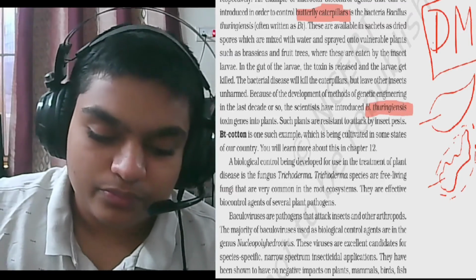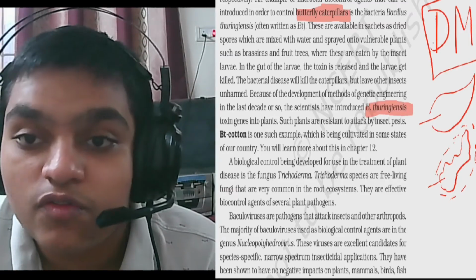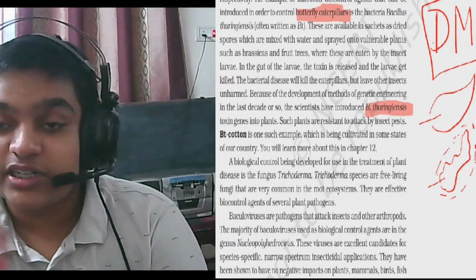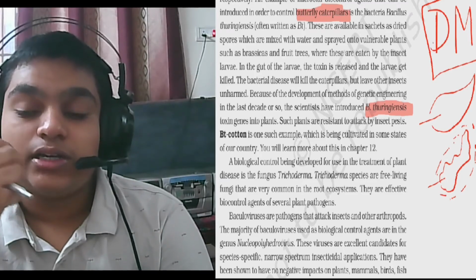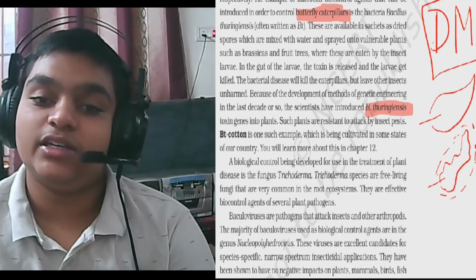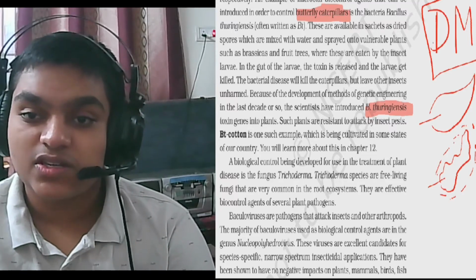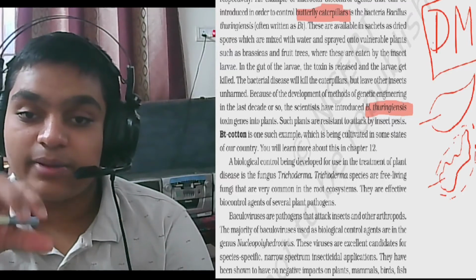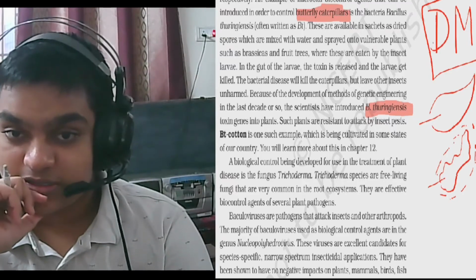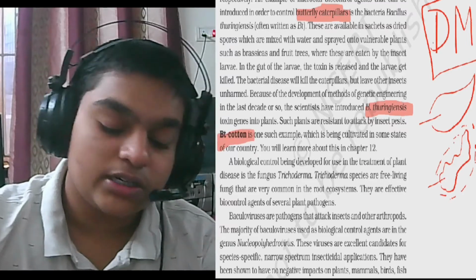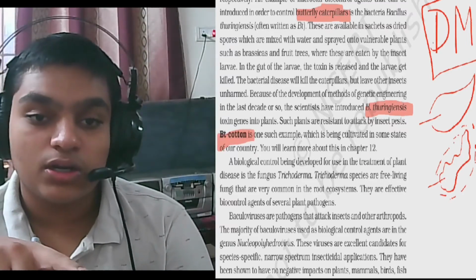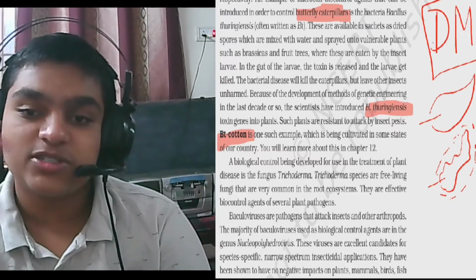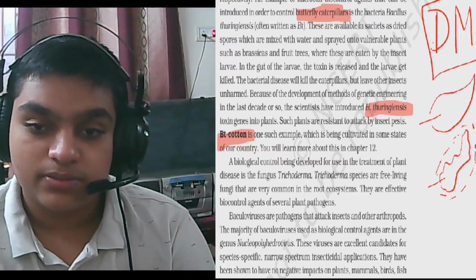Using genetic engineering, we have introduced this BT, Bacillus thuringiensis, into plants like cotton, brinjal, and tomato, and they become resistant to the butterfly caterpillars. So they are called BT cotton, BT brinjal, BT tomato. In some states it is even being cultivated.